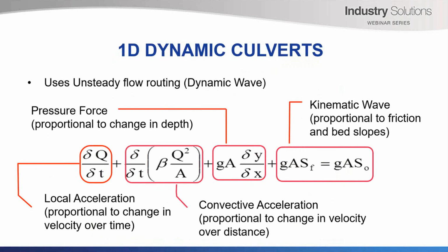So again, about 200 years ago, Saint-Venant took the Navier-Stokes equations, tossed out all the bits that didn't matter, or that he thought didn't matter, and gave us the Saint-Venant equations, which is still considered, even to this day, state of the art. So this was all done about 200 years ago.